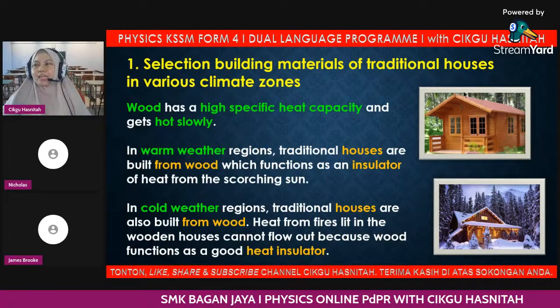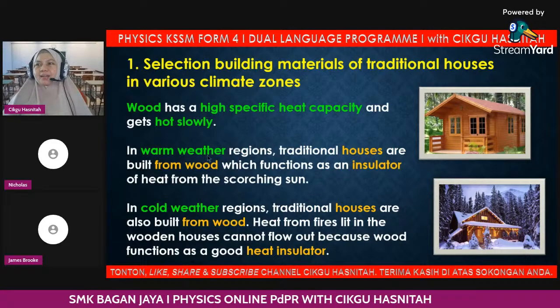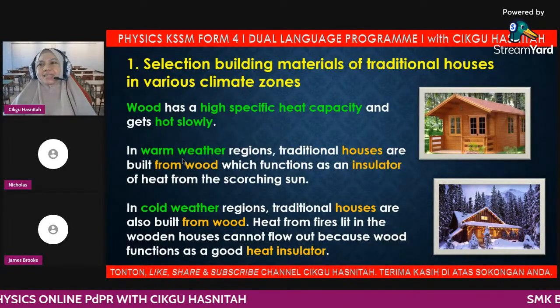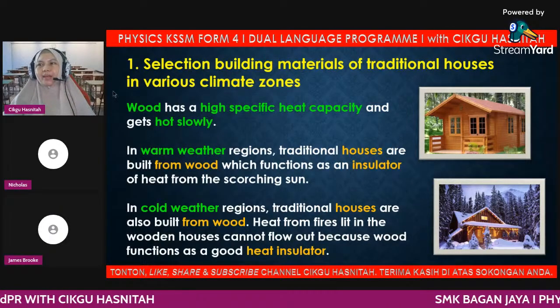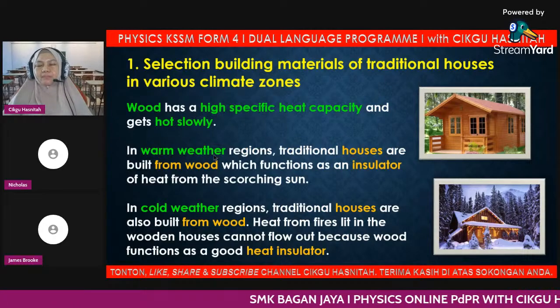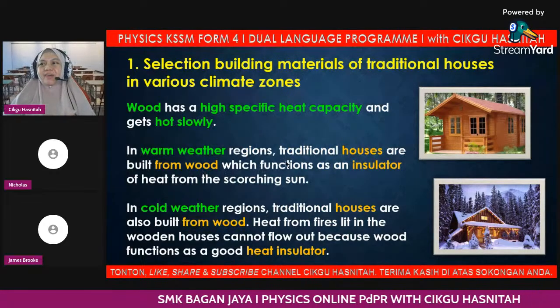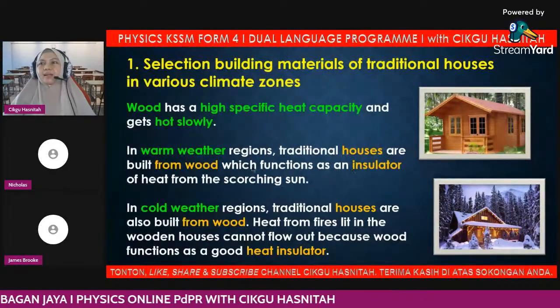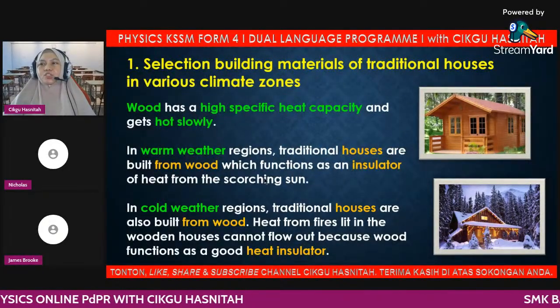Then in warm weather regions, dalam negara yang beriklim panas macam di Malaysia, why are the traditional houses built from wood? Wood here functions as an insulator of heat from the scorching sun.